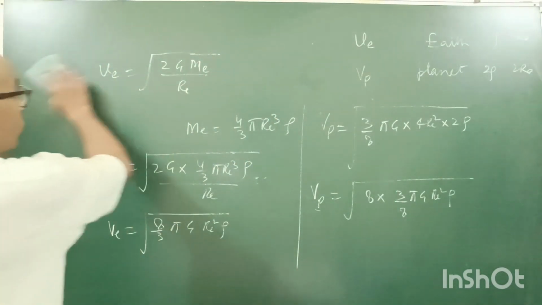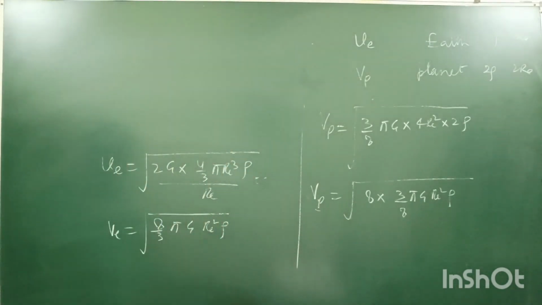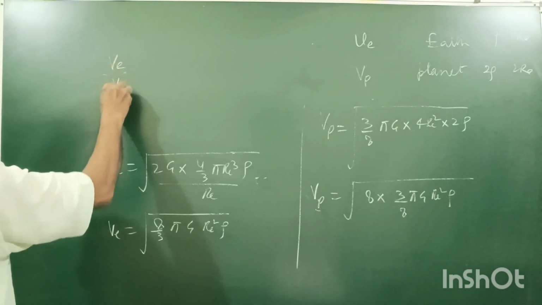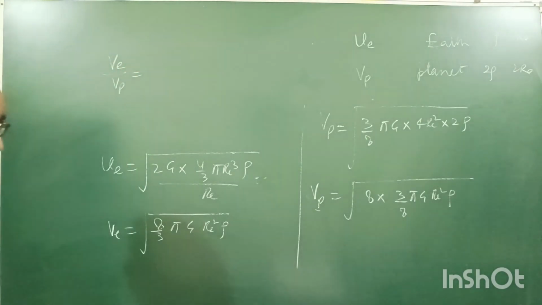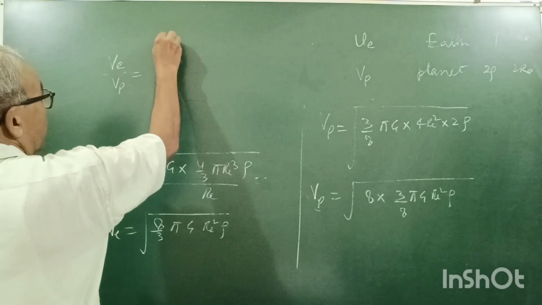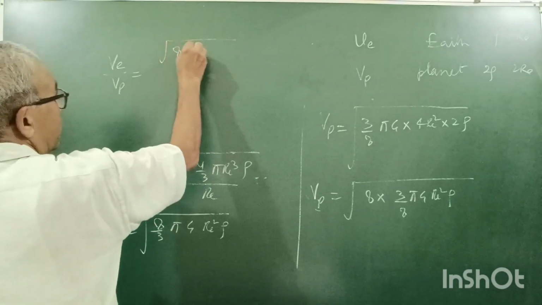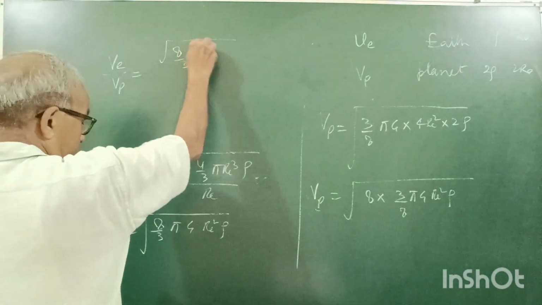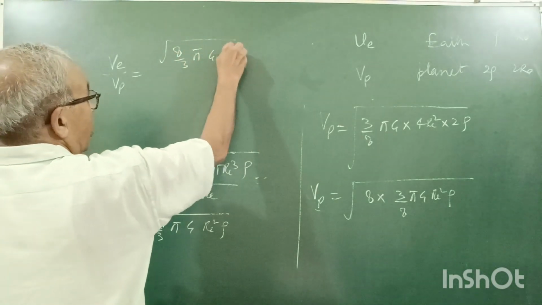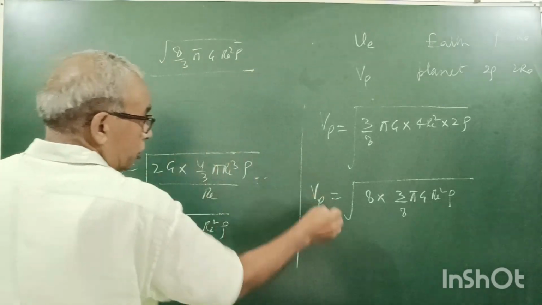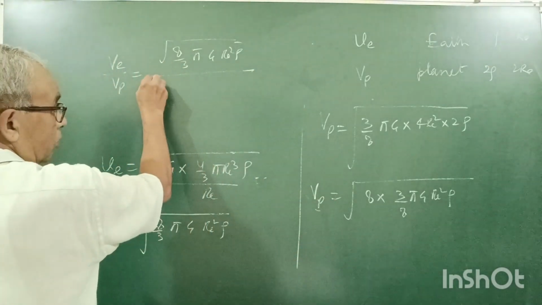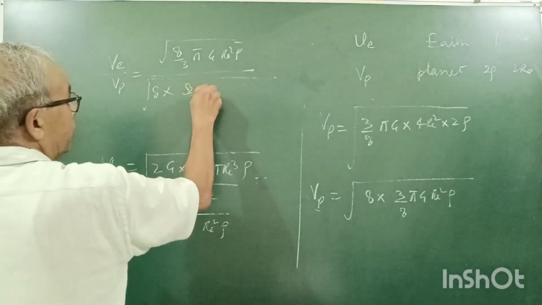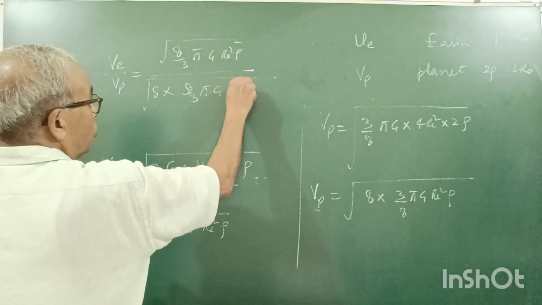So VE upon VP is under root 8 by 3 pi G RE square rho upon under root 8 into 8 by 3 pi G RE cube rho.